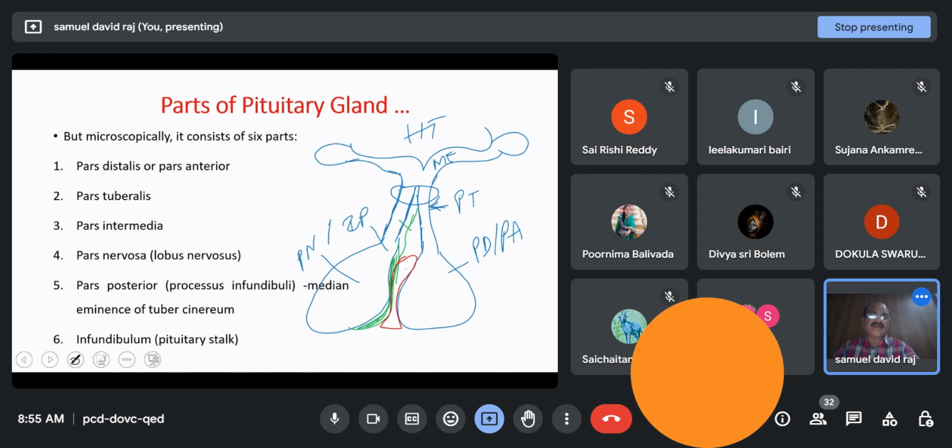This is a cavity present, called the interglandular cleft. What is this? The interglandular cleft is the remnant, the portion that remained, of Rathke's pouch, the cavity of Rathke's pouch. This is how the pituitary gland is organized.